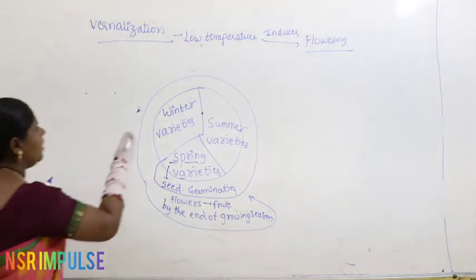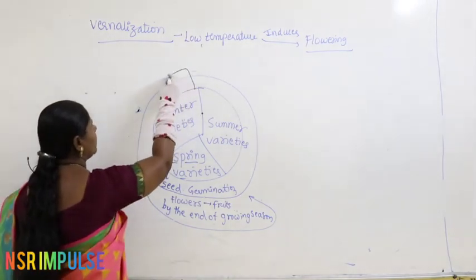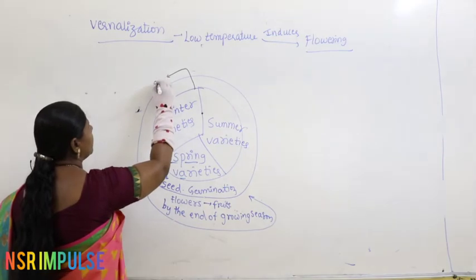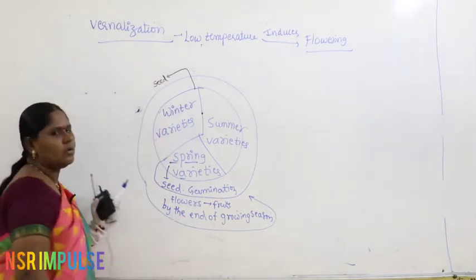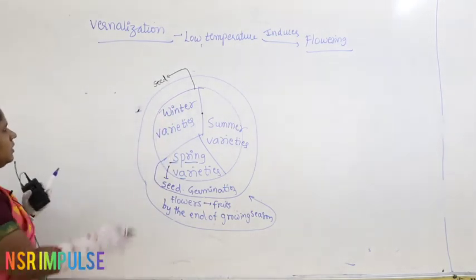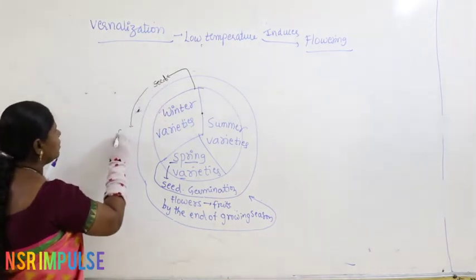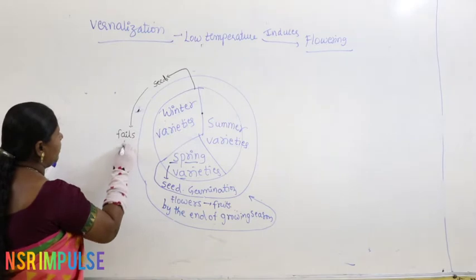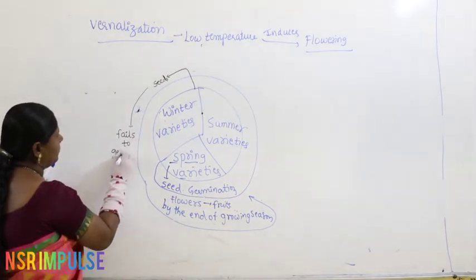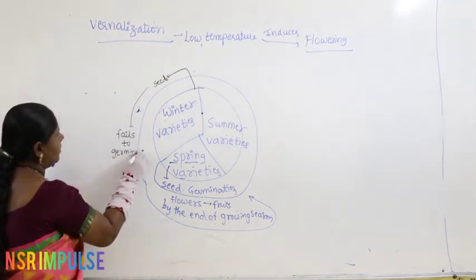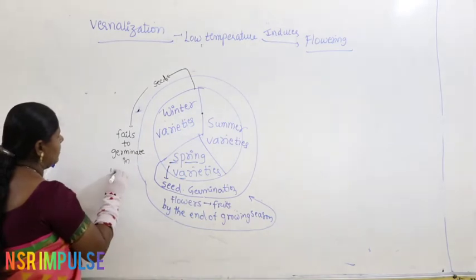Now let us talk about winter varieties. Suppose now you take a winter variety. Now you planted the seed here. These seeds fail to germinate in winter.